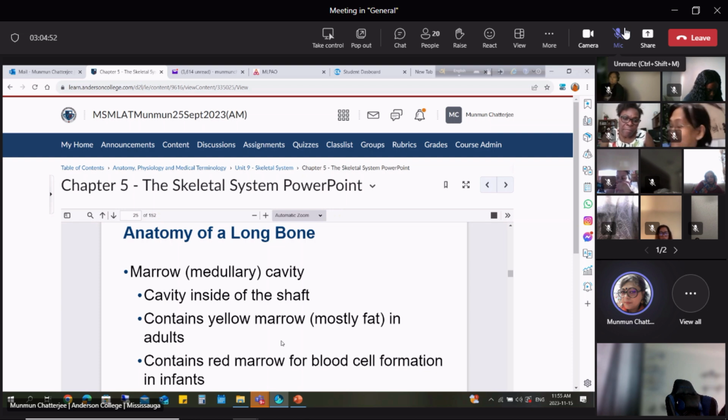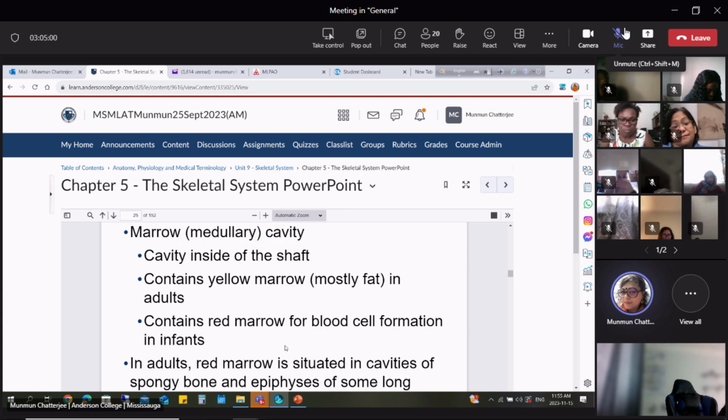Good. So now, I told you before about the red marrow. Only red marrow is present in infants, where blood cell formation takes place.